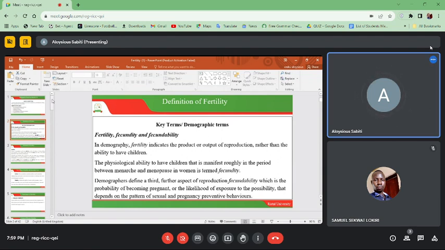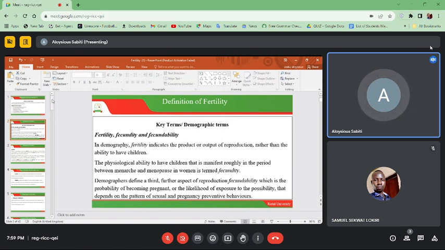Likewise, for individuals that are of reproductive age, or youthful, their exposure to certain patterns of sexual and pregnancy behavior is different from those that are younger or are older.